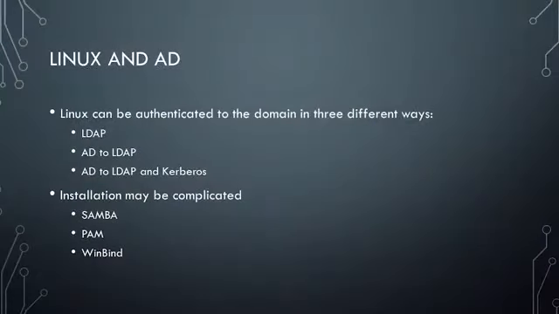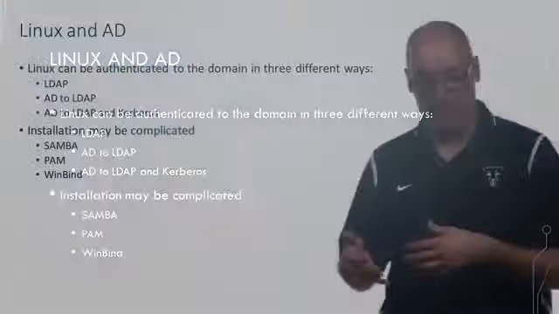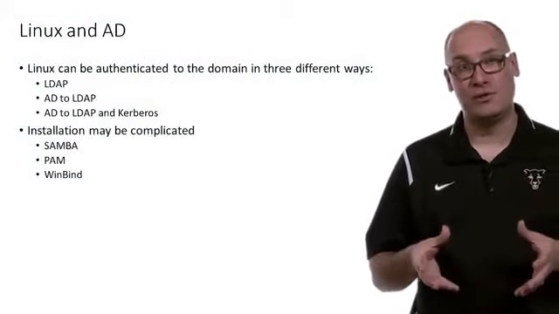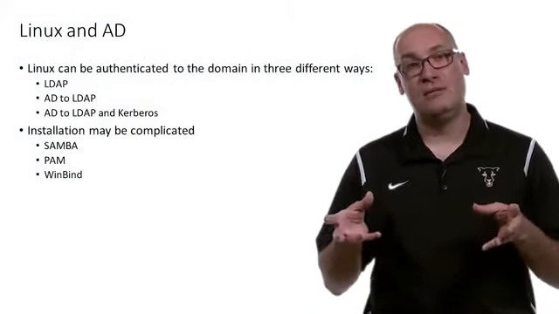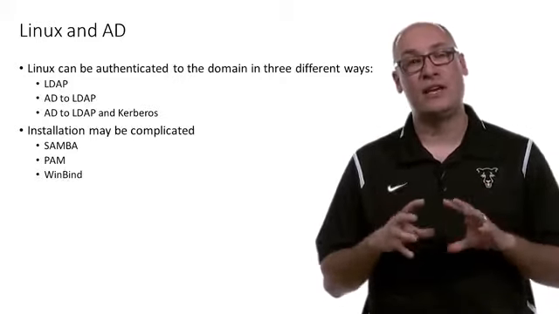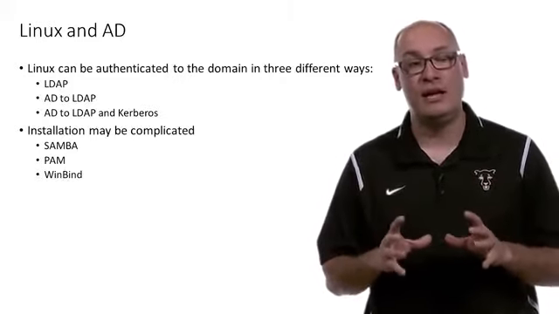Linux can be authenticated into the Active Directory domain in three different ways. First of all, LDAP, second is Active Directory to LDAP, and then the third one is Active Directory to LDAP and Kerberos. Kerberos for Windows is the de facto standard for authentication within a Windows domain.